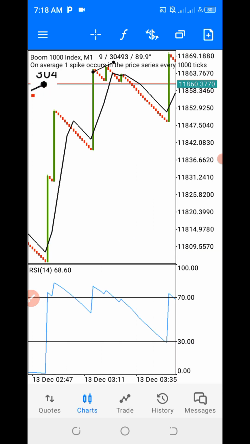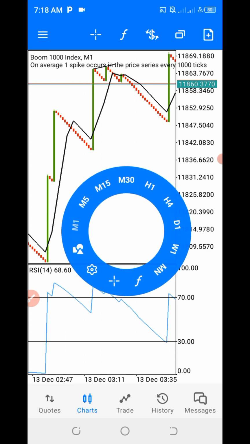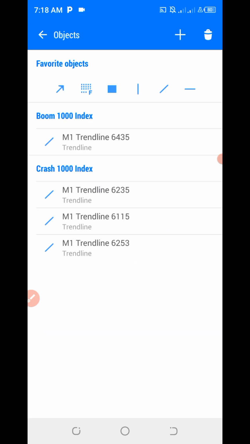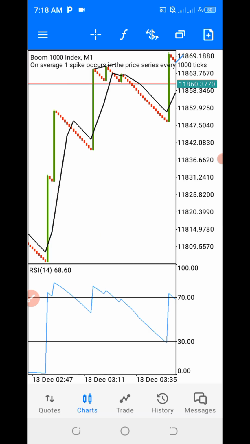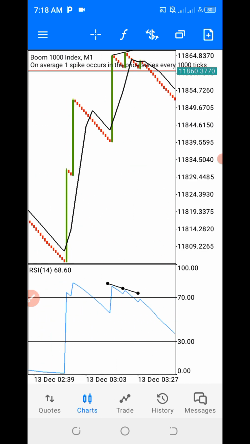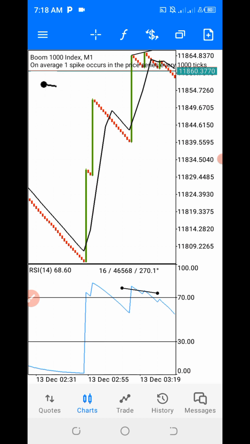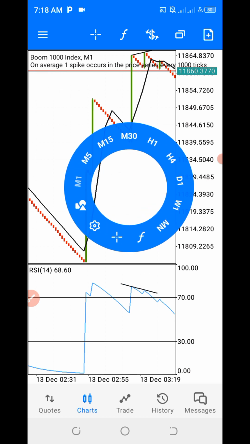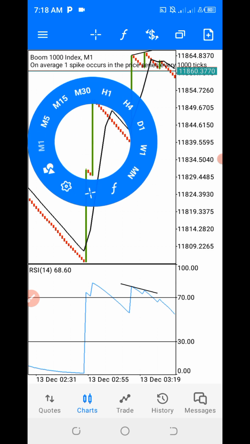Look at this, it is a higher high, but what's on the indicator window is showing us a lower low. Look at it here, it's showing us a lower low. If you are confused, let me use a vertical line, sorry, so that you can actually see it.